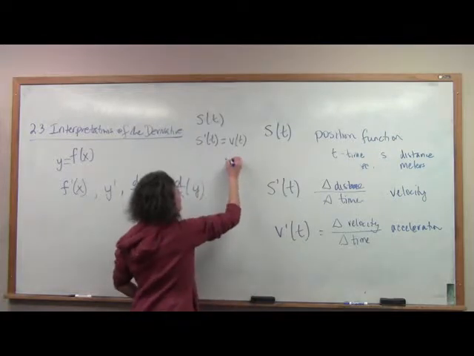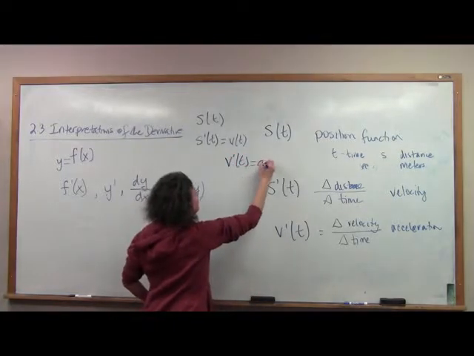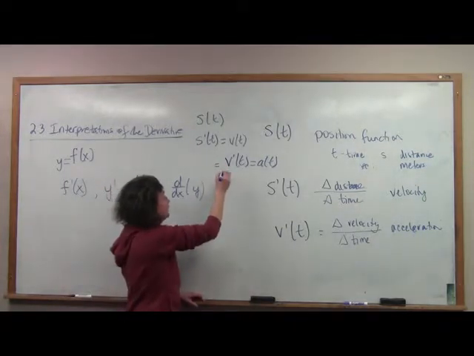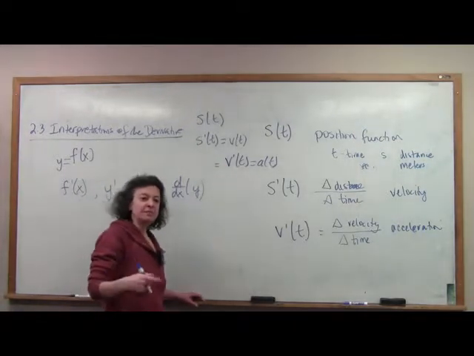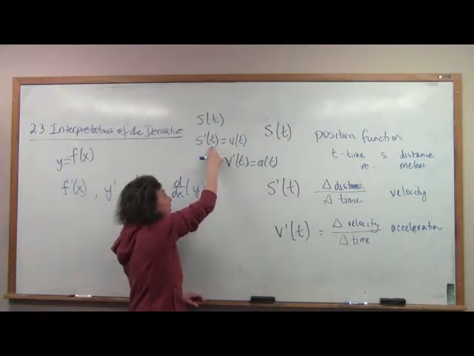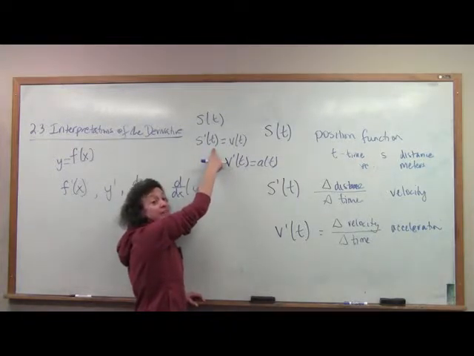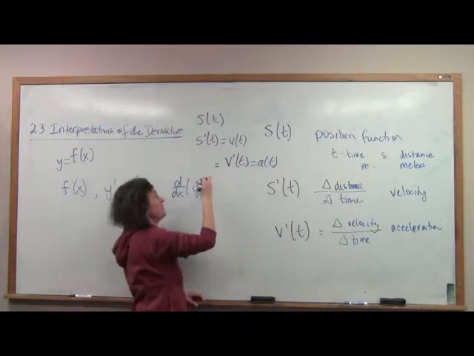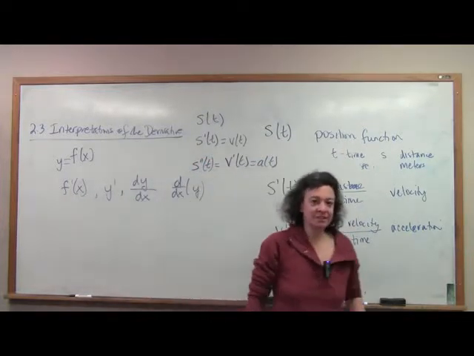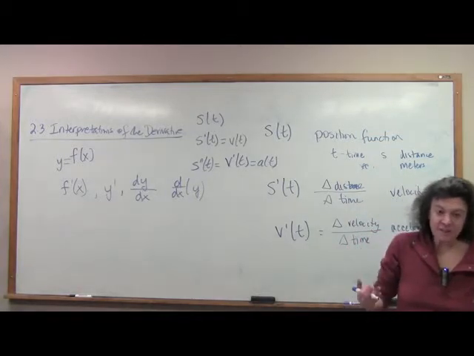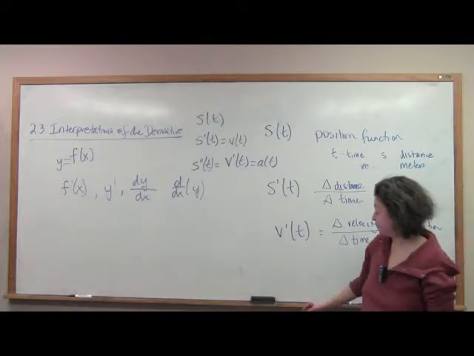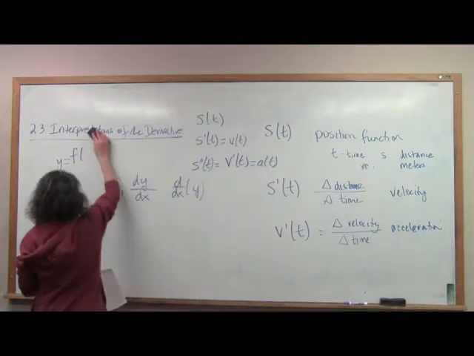So if I want to talk about my derivative of my velocity function, in real world terms, that means that we're talking about our acceleration. Now, a little foreshadow here. If I'm taking the derivative of my velocity function, that means I'm taking the derivative of the position function. In other words, I'm taking the second derivative.